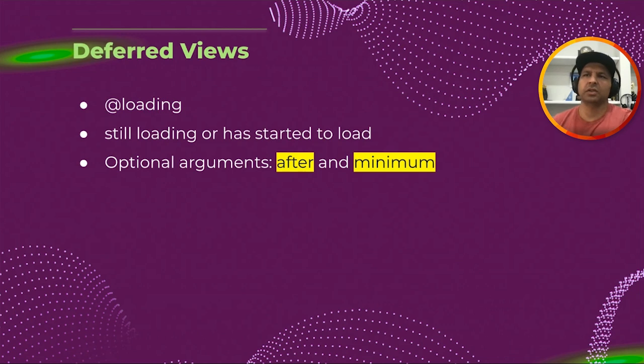This block also comes with two optional arguments: after and minimum. Similar to the placeholder argument, the minimum argument is used to set the time to display the content, and the second argument, after, is used to define the waiting time before showing the loading content.